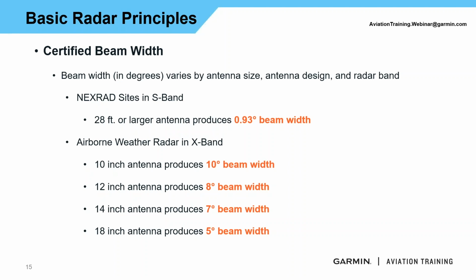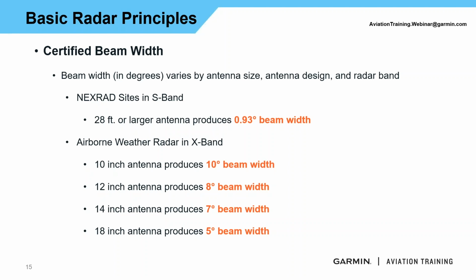When you're talking about airborne weather radar, we can't put a 28-foot antenna on your Baron or your King Air or your Learjet, whatever it may be. That's way too big. So with antennas, 10, 12, 14, 18 inches are the common sizes. A 10-inch antenna is a 10-degree beam width, 12 inches is an 8-degree beam width, and so on down to 5 degrees for an 18-inch.